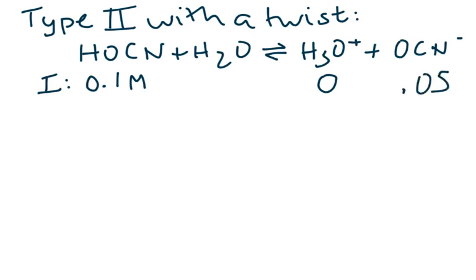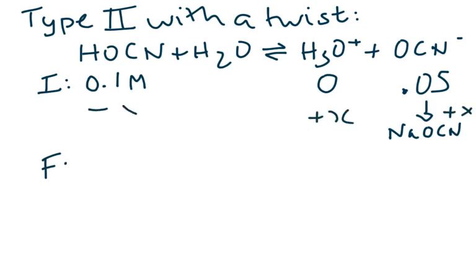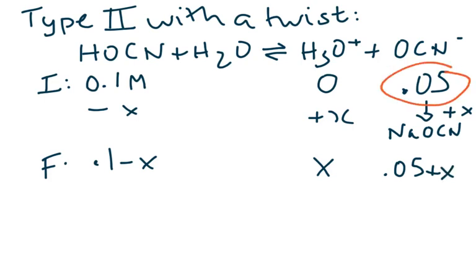Now this 0.05 came from the NaOCN in the question, and it's a 1-to-1 ratio, so that's why it's 0.05. So now we need to do the final, and this is going to be with x's again. So we're adding x here, we're adding x here, and we're subtracting x there. So we have 0.1 minus x, we have x, and we have 0.05 plus x. So this right here is the twist, because that's not what we normally have.